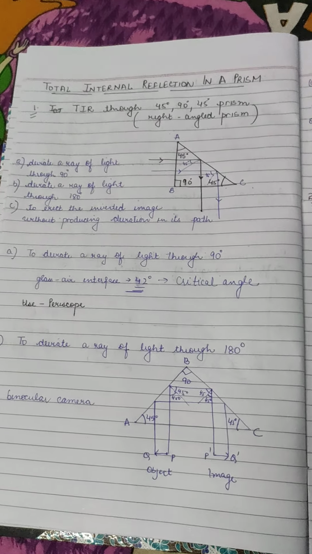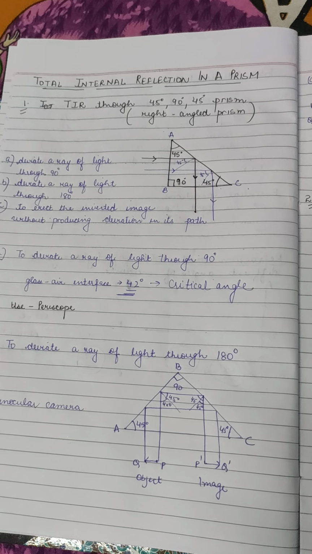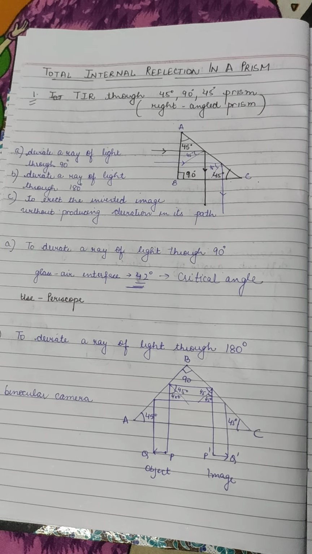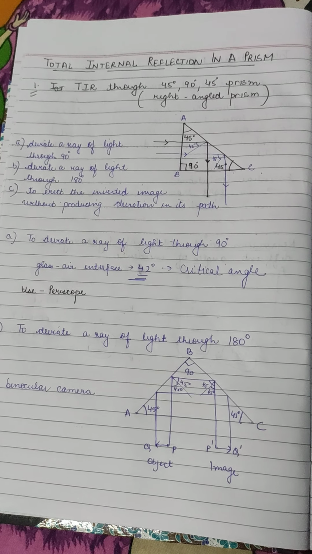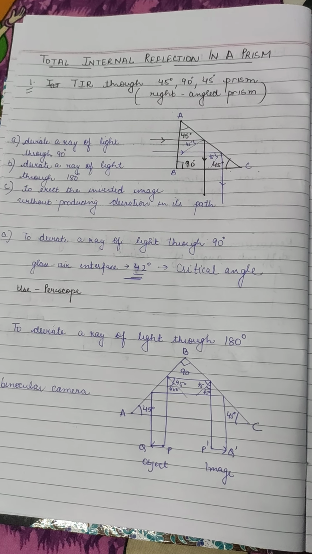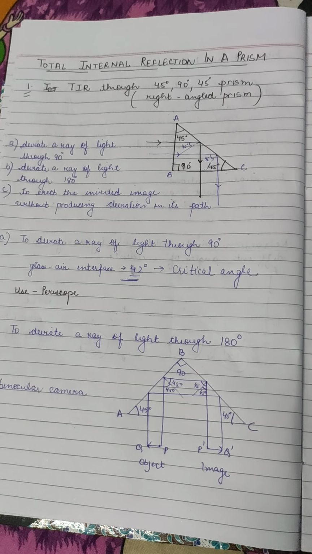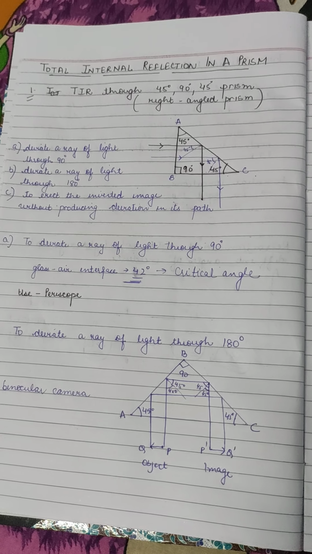So you can see now carefully the diagram. A beam of light is incident normally at the surface AB. It passes undeviated into the prism and strikes the surface AC at an angle of incidence equal to 45 degree, which is greater than 42 degree, the critical angle of the glass air interface.